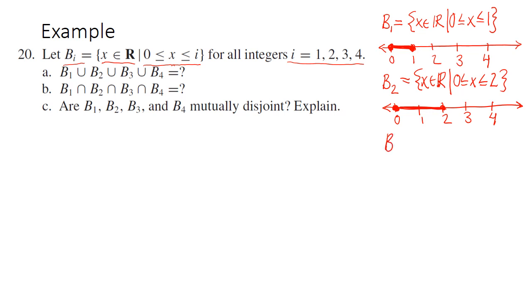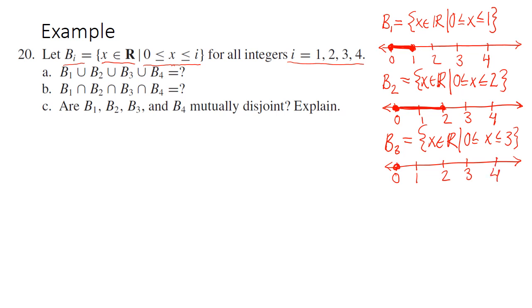And then B3, same way. Okay, I'm going to go from 0 up to 3. And finally B4, plugging in 4 for i.